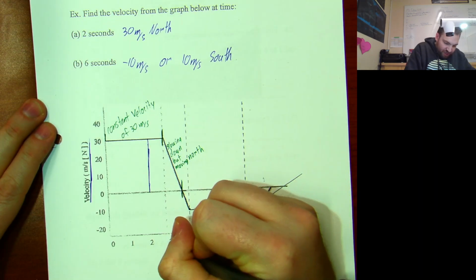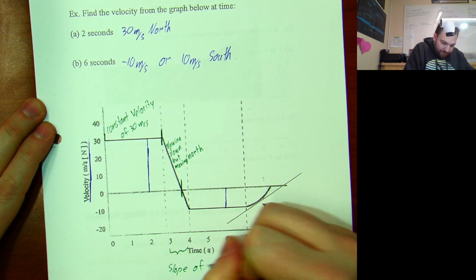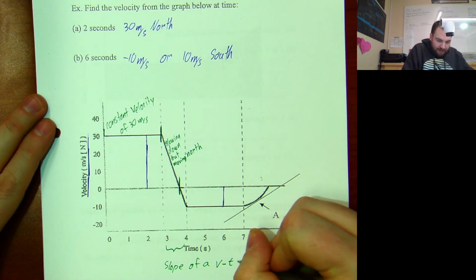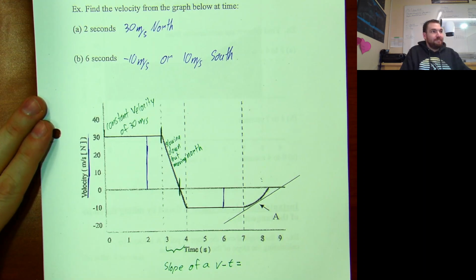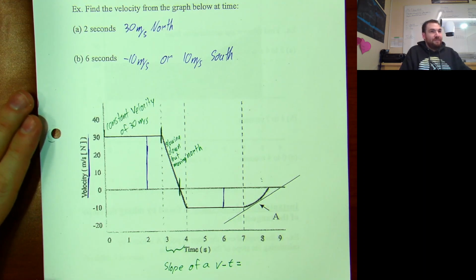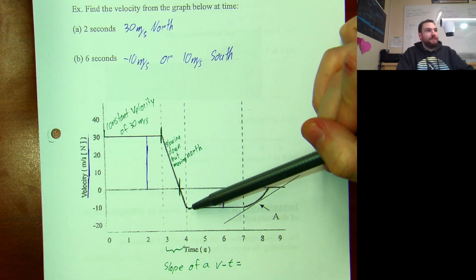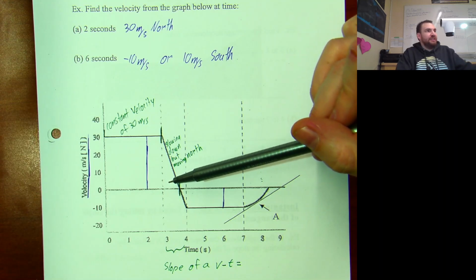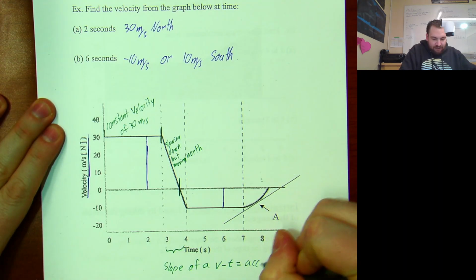Based on this chunk of time, the slope of a VT graph, or velocity time graph, is going to be equal to what? The acceleration. Because the act of slowing down or speeding up, that word that contains that concept, is acceleration. So the slope of a VT graph is the acceleration.